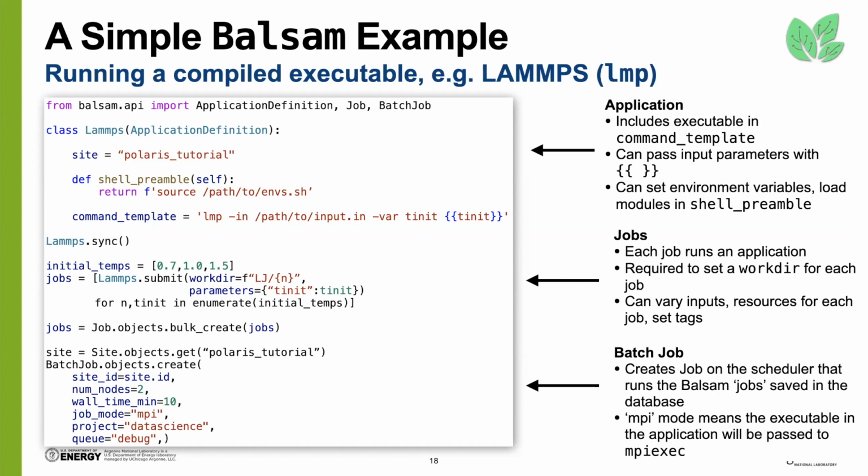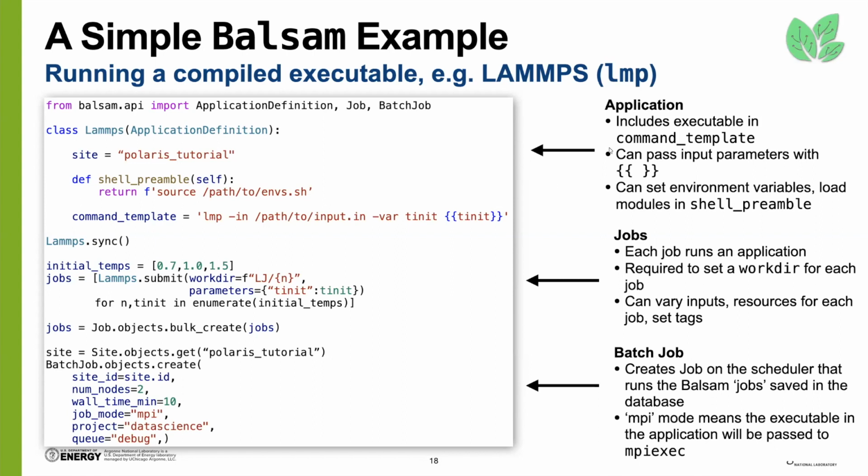That's all you really need to know. So in this simple example, the Balsam script contains three parts. First, you have to create an application. Then you create jobs that run the application. And then you create a batch job object, which is the point at which the Balsam site process will communicate with the scheduler and submit a batch script to the scheduler.